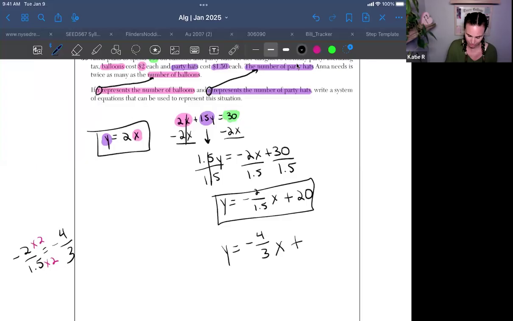And I would make many fewer mistakes, even by trying to figure out where the half is, saving myself time just by doing that little step. So y equals -4/3x plus 20.